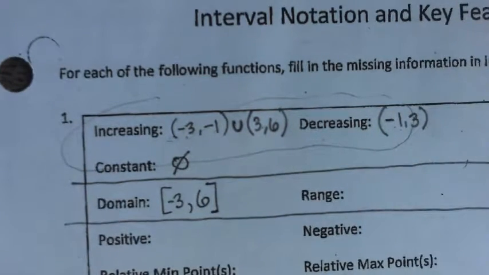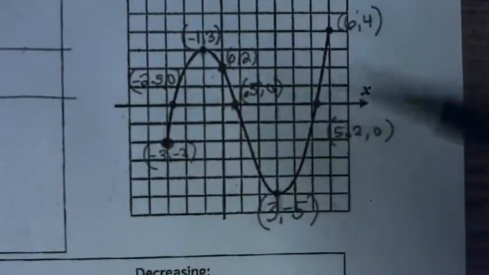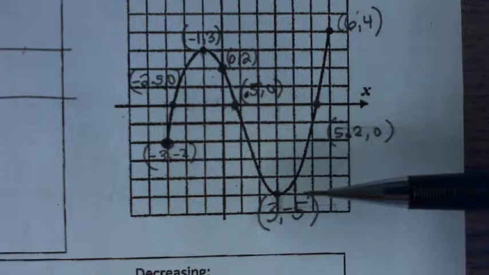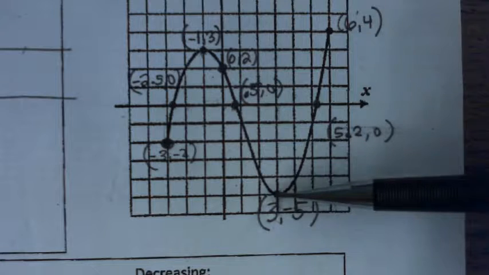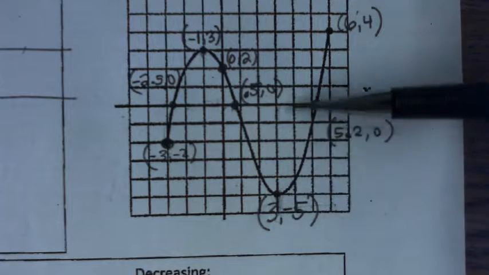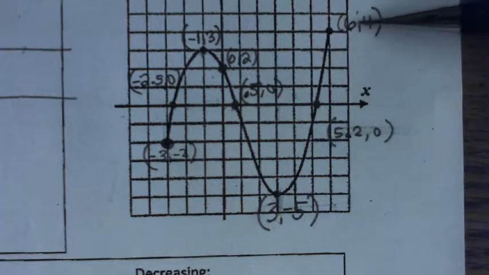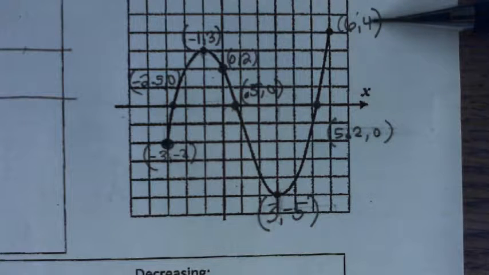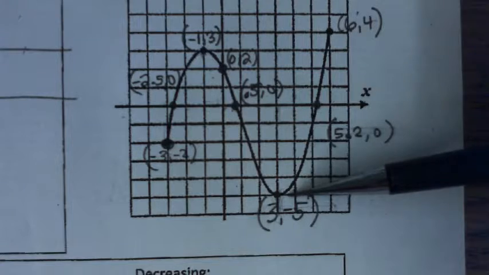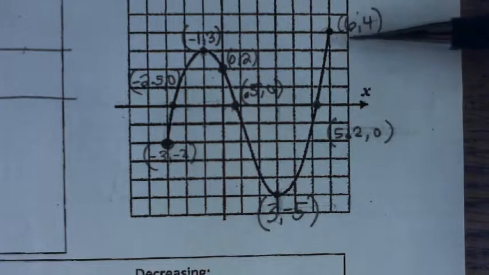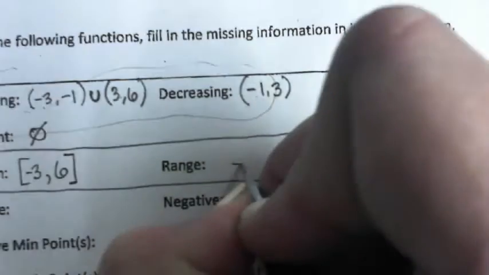Now range, like I said, is one of the few times we're going to look at the y coordinates. What's the lowest y coordinate? Does it actually have a point at -5? Yes. Up until, you see the y coordinate of 4? Is everyone good there? So from -5 up until 4, and both of those points are solid, so they're both included.